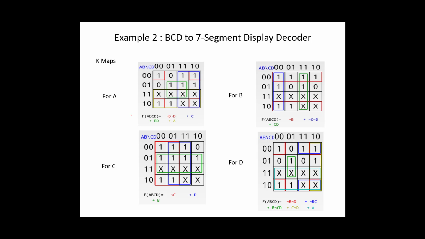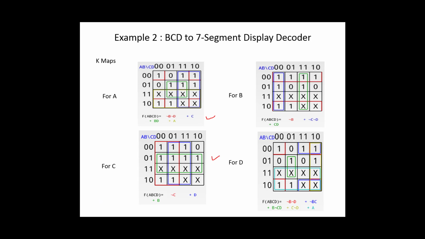So for A we have a simplified boolean expression equal to B complement D complement plus C plus BD plus A. Similarly for column B, the simplified expression is B complement plus C complement D complement plus CD.